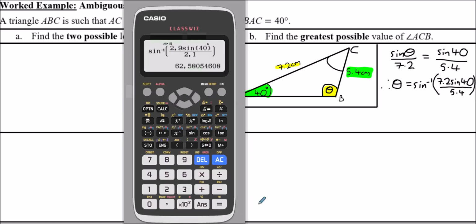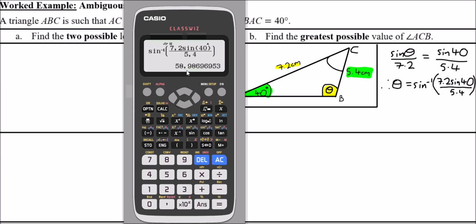So just using the calculator to work out what this is going to be, shift sine, 7.2 sine 40, close brackets, all over 5.4, then that comes out to be 58.9 and so on. So I'm going to give this to a few more decimal places than before, because this isn't the final answer. This isn't the angle we're actually wanting to find. So this is like an intermediate step. So give it to more than 3 sig figs. I'd say give it to double that at least. Give it to 6 sig figs to avoid any rounding error.